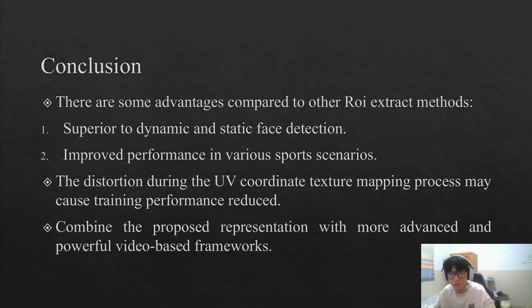Particularly impressive performance improvements were observed across various motion scenarios, as evidenced by cross-dataset testing results. However, limitations of the current approach remain during the UV coordinate texture mapping process. Geometric distortion may occur, potentially impacting training performance.